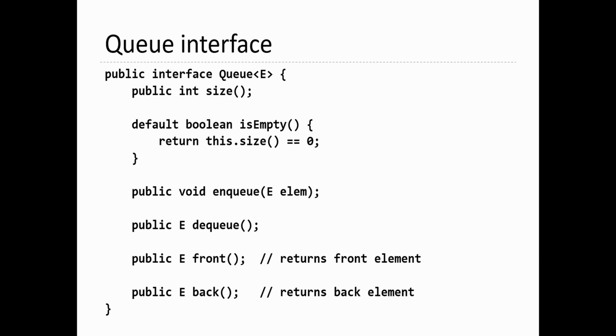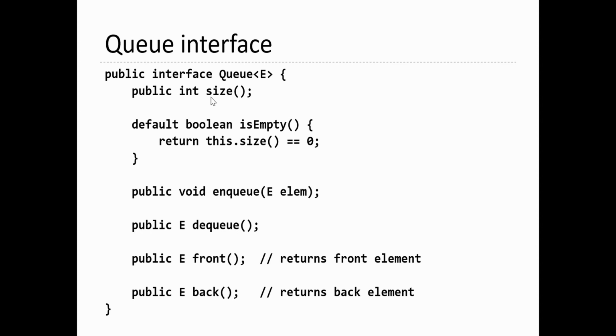Again, we have a default method here. Remember, interfaces are allowed to implement methods. Such methods are called default methods. Any class that implements the interface gets the implementation of the default method. When you implement a default method, the only thing you can do inside the method is use methods that are in the interface. So here I'm using size.